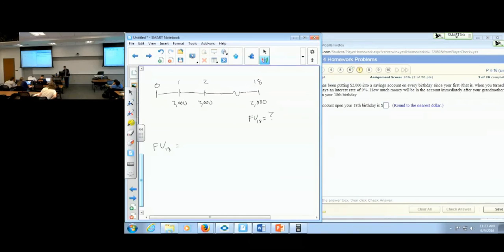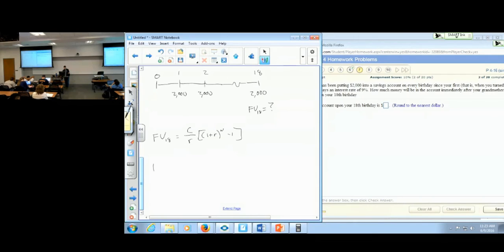And that is our cash flow divided by the interest rate times the quantity, 1 plus R. So if we plug in all the information we know from this problem, the cash flow is 2,000.